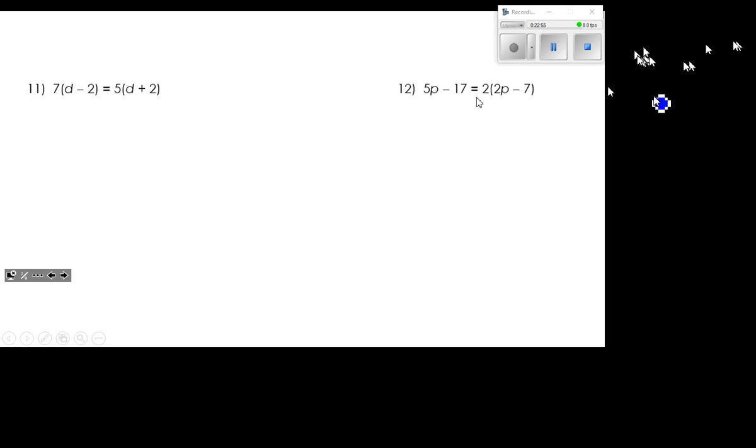Number 11, I see parentheses on both sides of the equation, so that tells me I'm going to distribute. I'm going to circle and draw my arrows for both sets of parentheses. And I know I'm going to multiply when I do the distributive property.